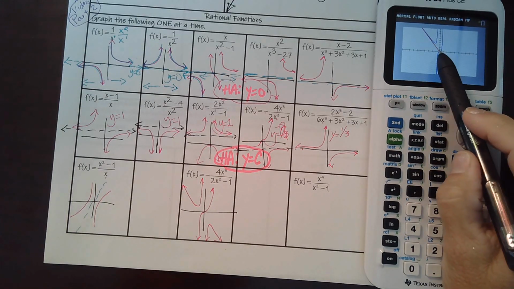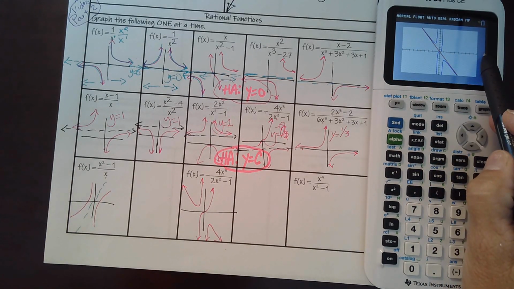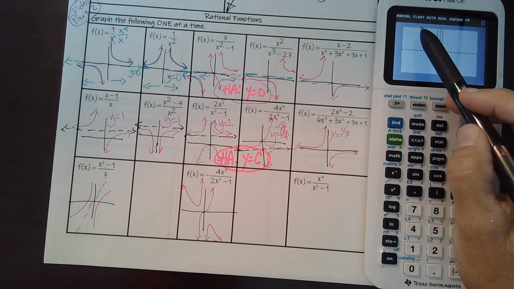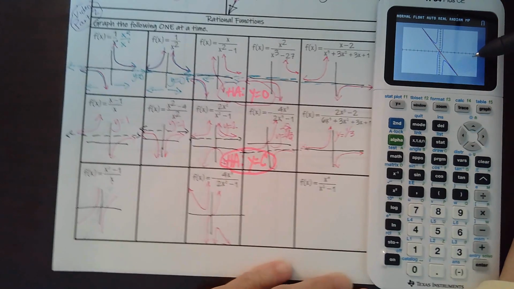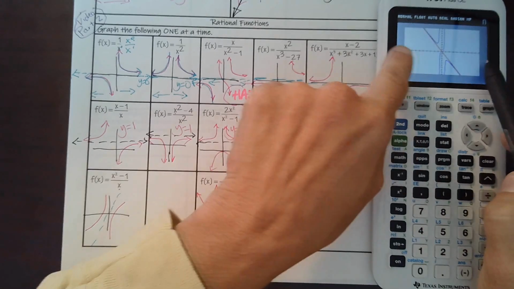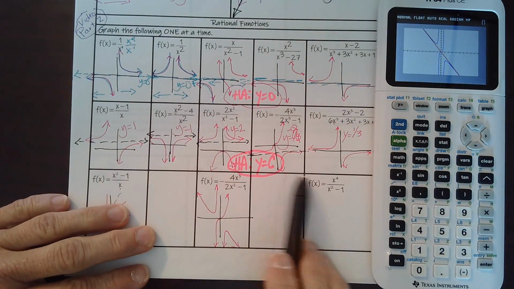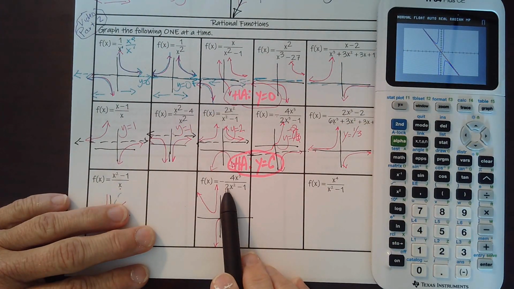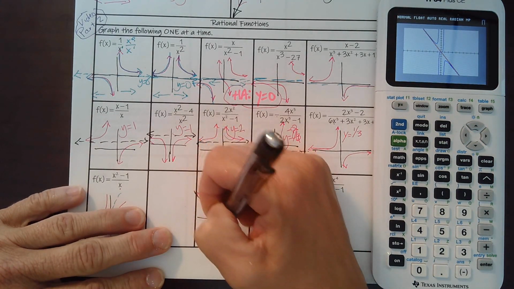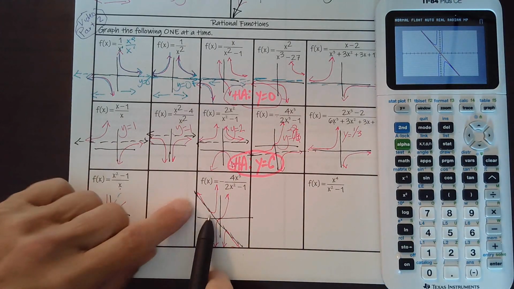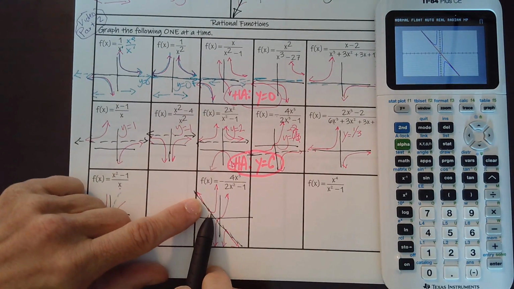As you move away from the origin, your blue graph hugs the oblique asymptote the further it goes away from the origin. So this particular function is going to behave like the end behavior of this linear function.